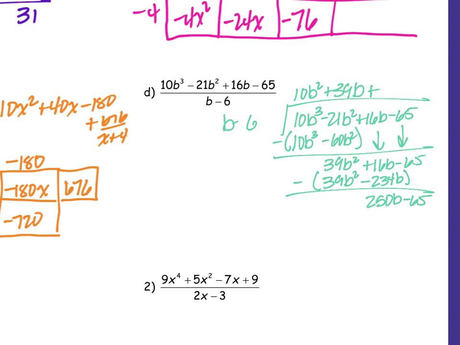So then I multiply by 250, so minus 1500, subtract that, and I should get 1435 as my remainder. So plus 1435 divided by b minus 6.